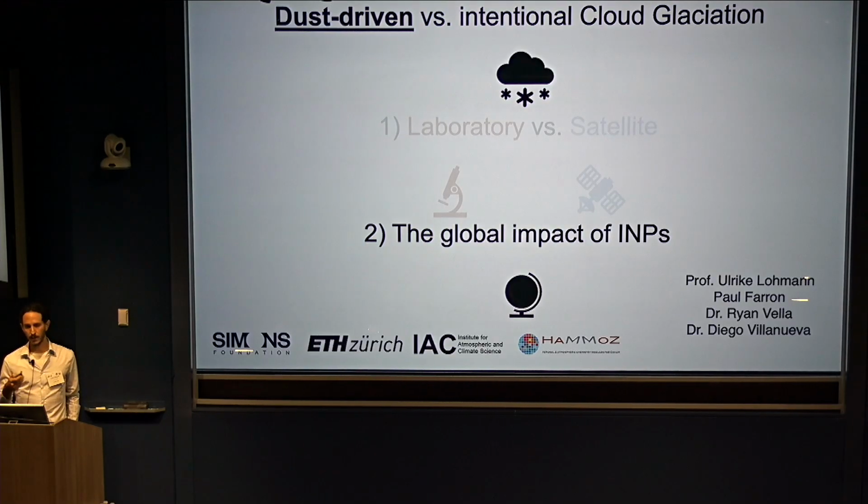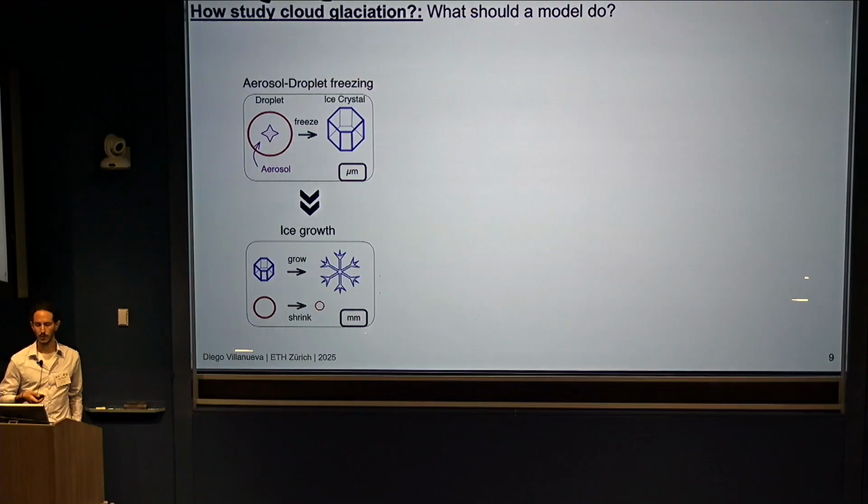So how do we use this information to constrain climate models? This is a bit more complex. First, I want to start with what a model has to do right for us to get cloud glaciation right. It starts at the microscale. We want the droplet freezing to make sense with the laboratory evidence.